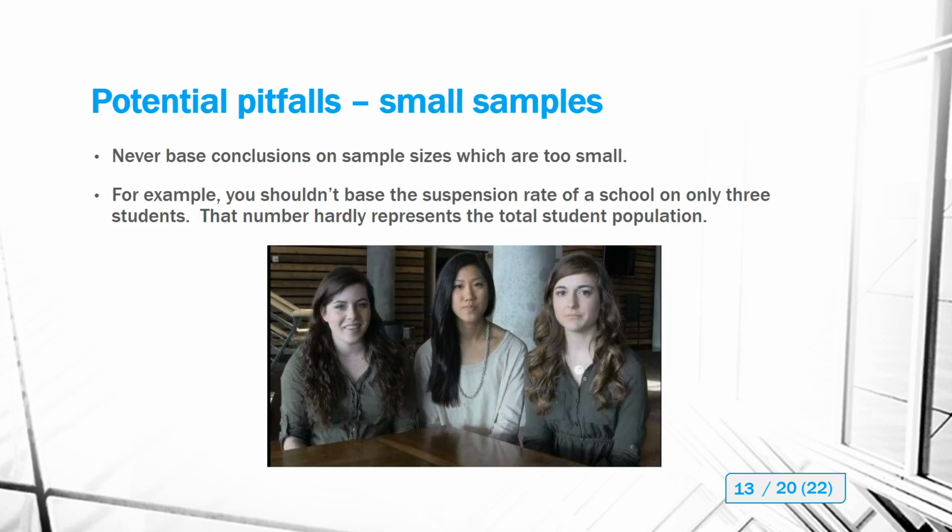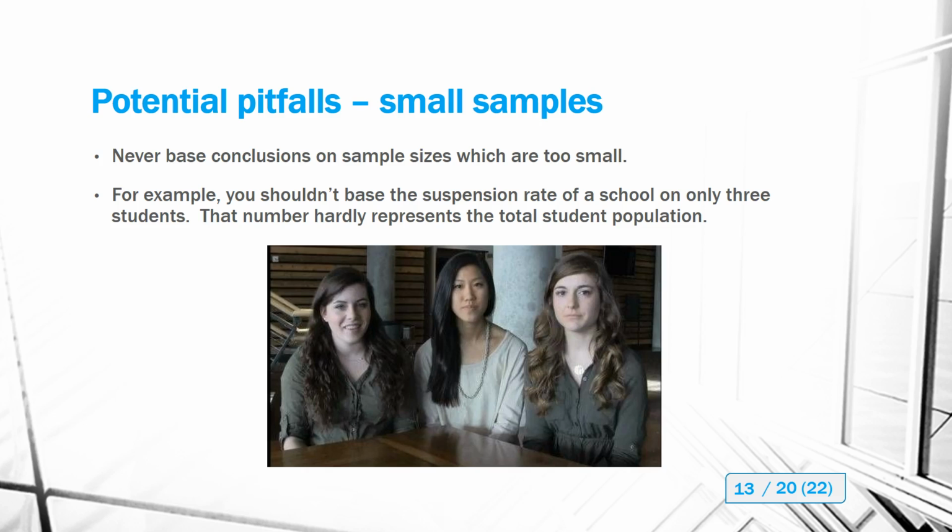Another pitfall that many people with statistics fall into is taking sample sizes that are way too small. Okay? So, for example, let's say you're going to use statistics to figure out what the suspension rate of a school would or should be. And so we're going to take a sample size of 3 students. Now, I don't know about the size of your high school.